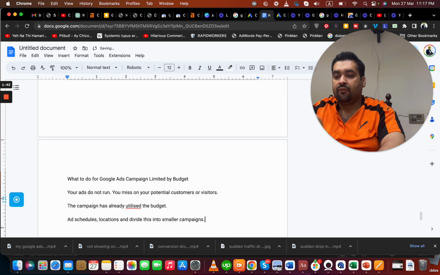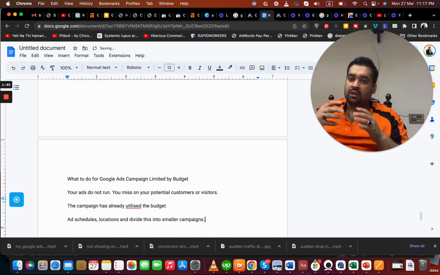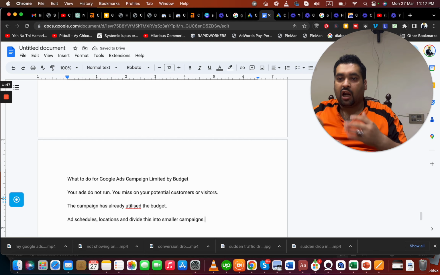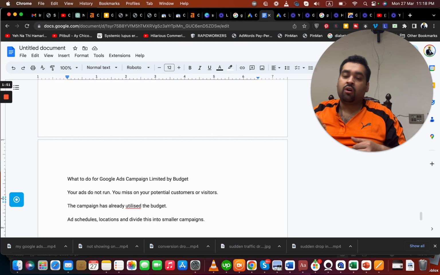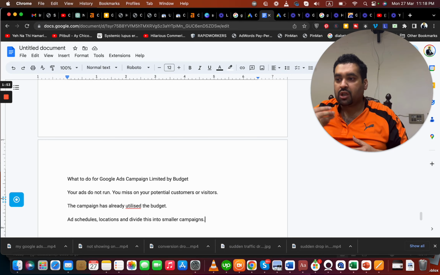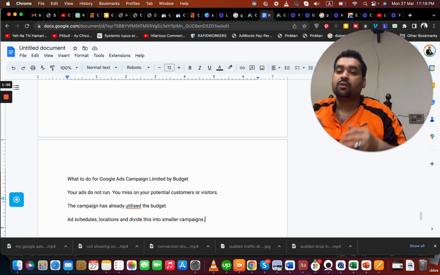Rather than having a single campaign with a big budget, divide the budget across smaller campaigns to figure out what is exactly working for you, and then either increase the budget or move budget from the campaigns which are not working well to those which are working well for your business.